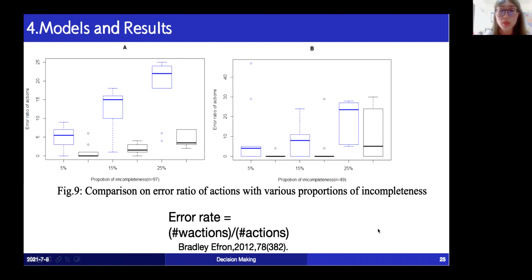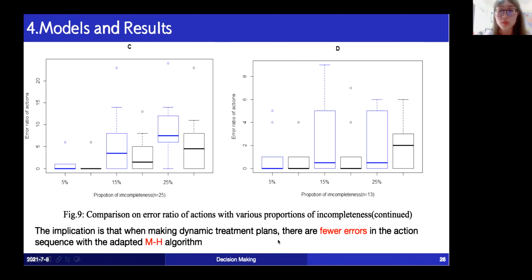Figure 9 shows the error rate of action selection when making a dynamic treatment plan according to the data imputed by the 2 methods. It can be seen from the figure that there are fewer errors in the action sequence imputed by MH.